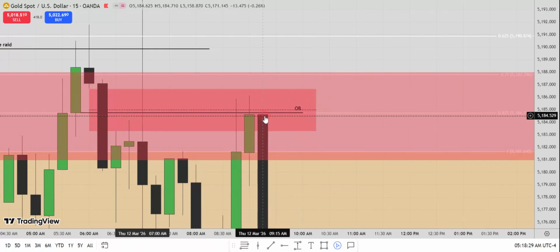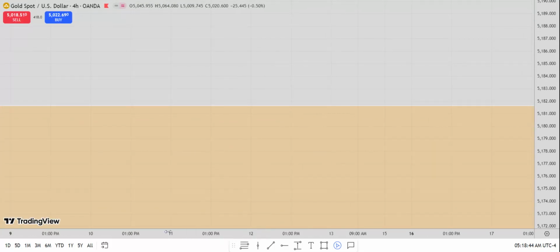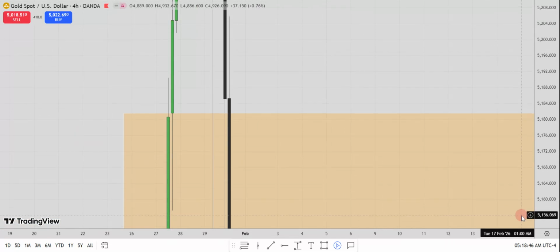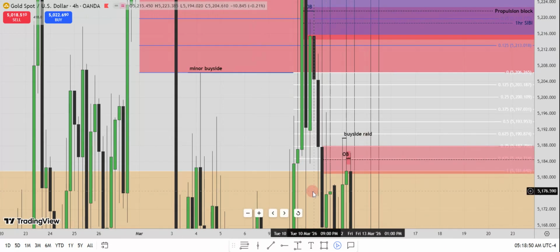Just look at that. How many confirmations do we have? The 4 hour candlesticks closing here. Understand that? Remember that? Here? Let me show you.